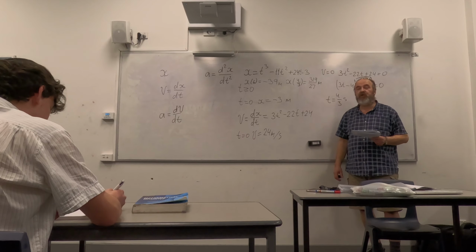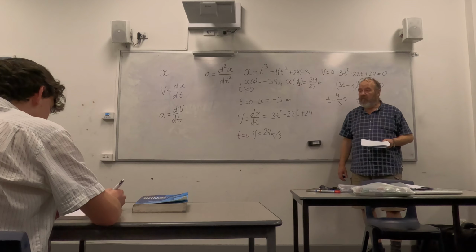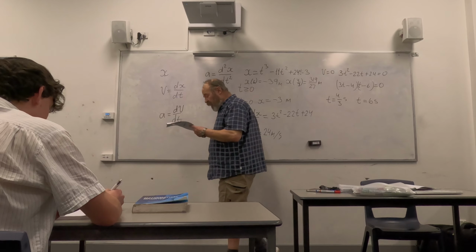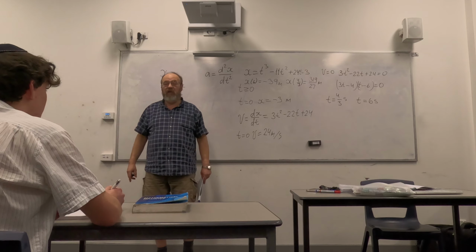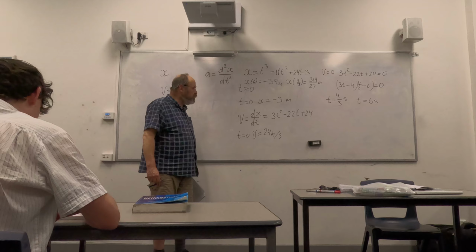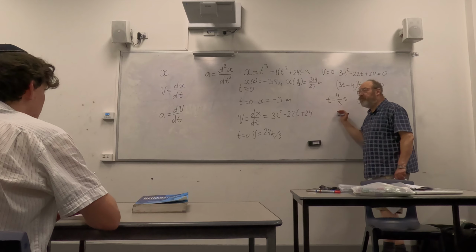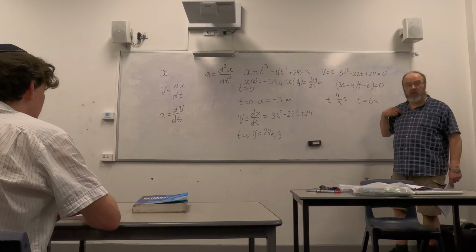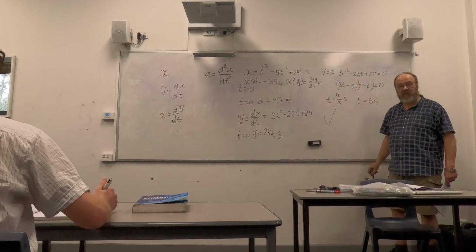Now, for how long is the particle's velocity negative? Initially the velocity is positive, and it is a parabola, clearly like this.